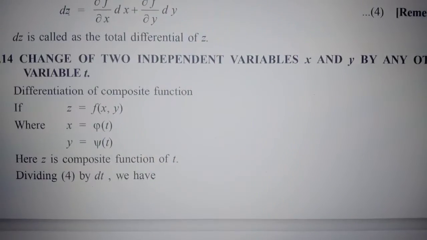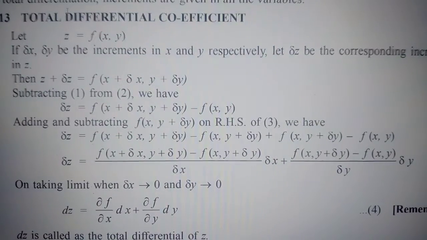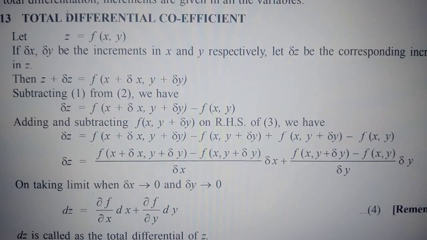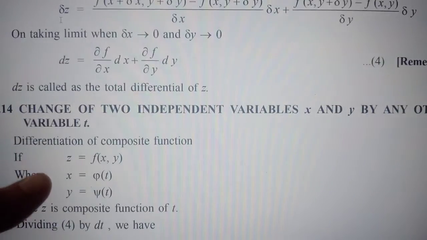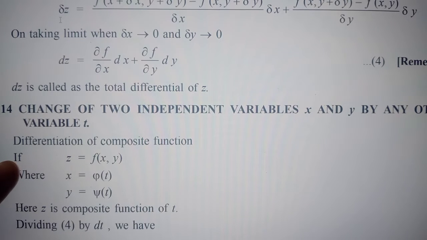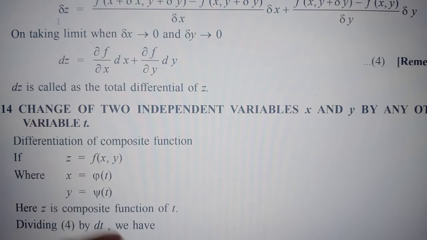To consider the total differentiation, we are considering the increments of all the variables. Okay, so change of two independent variables x and y by any other variable t. So we are considering a function z is equal to f of x comma y, and we are considering x equal to phi of t and y is equal to psi of t.